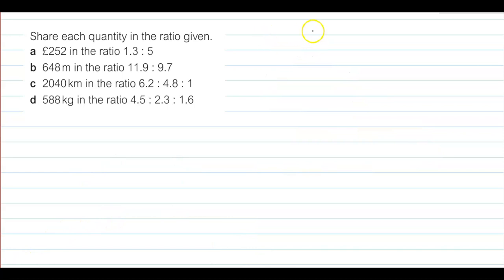So here it is 2040. It has to be divided between 3 parts. One is 6.2, another part is 4.8, and the next part is 1.